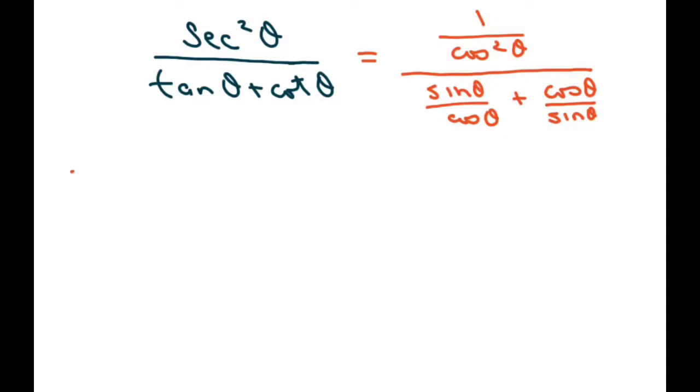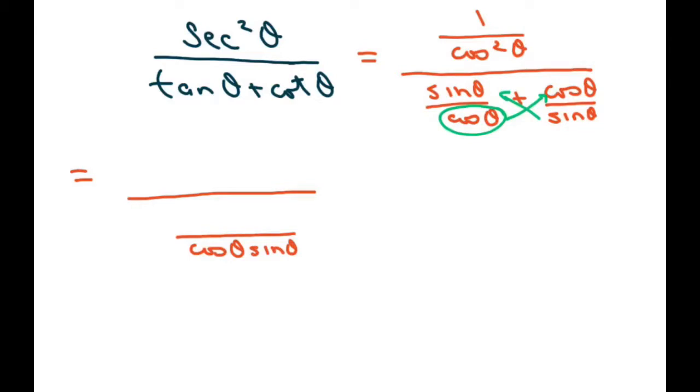Then I'm going to take my denominator and write it with a common denominator, which would be cosine theta, sine theta. Then you cross these two, multiply. You're just saying what times the old denominator gives you the new denominator, and that's sine, so you multiply it by the numerator, so that's going to be sine squared, and then you do it for cosine, and so that's the denominator, and we still have 1 over cosine squared in the numerator.